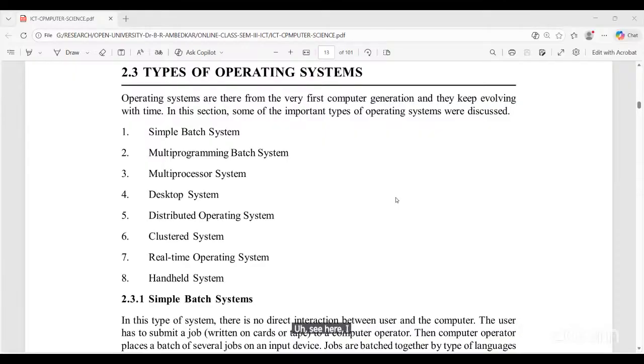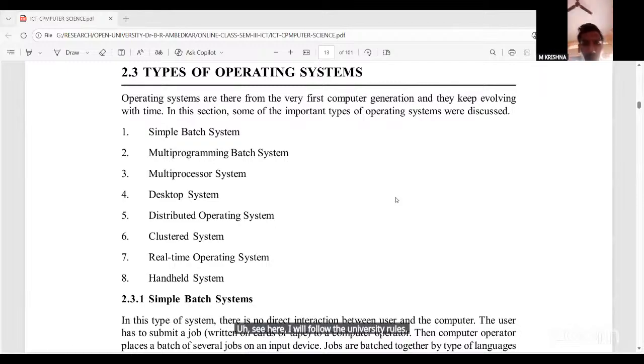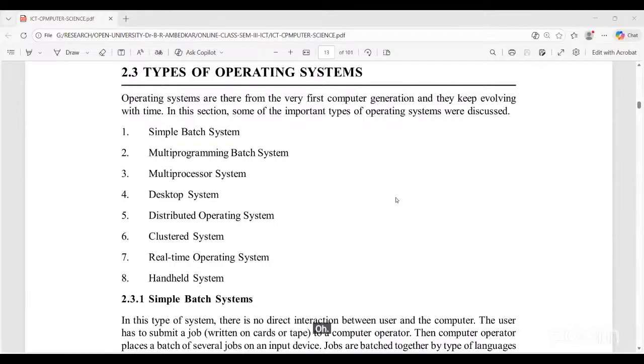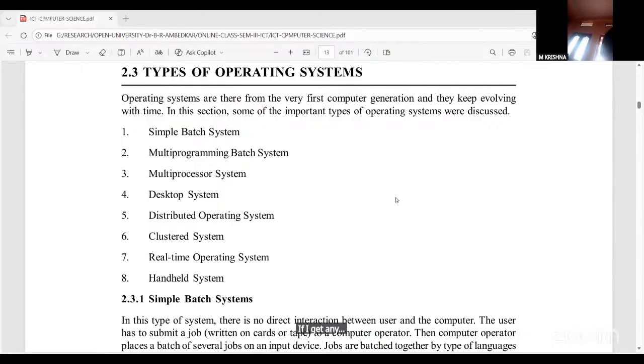I will follow the university rules. If I get instructions, then I'll follow them. So please contact the university once.